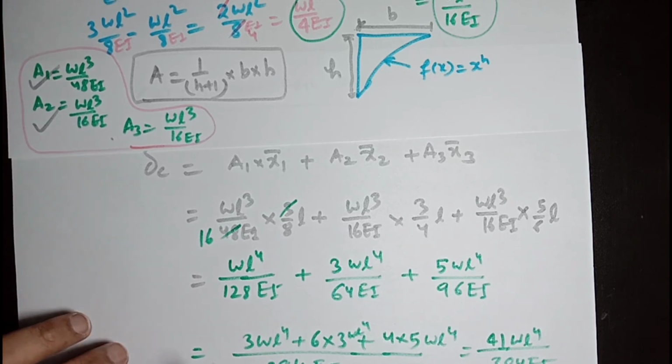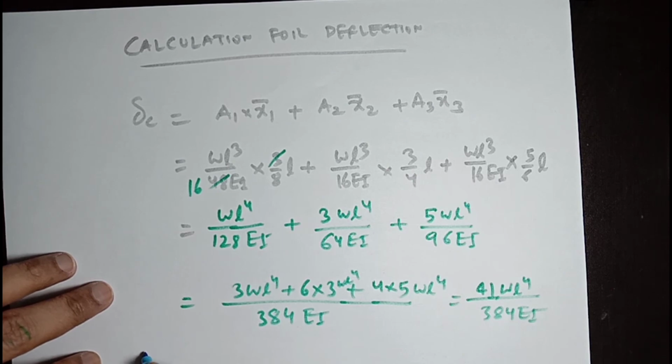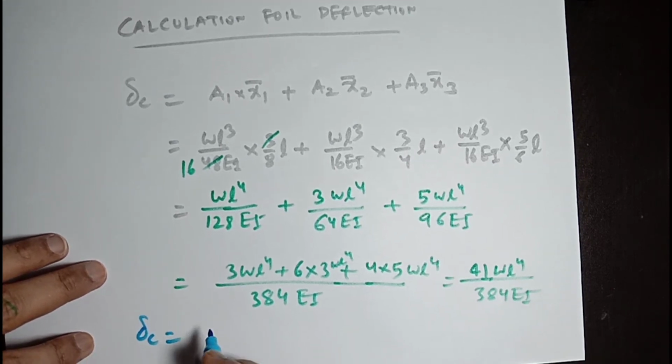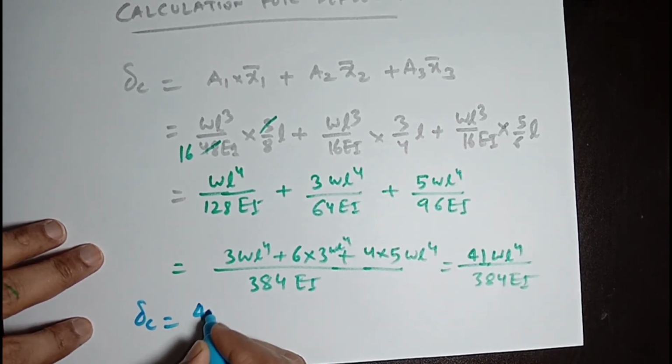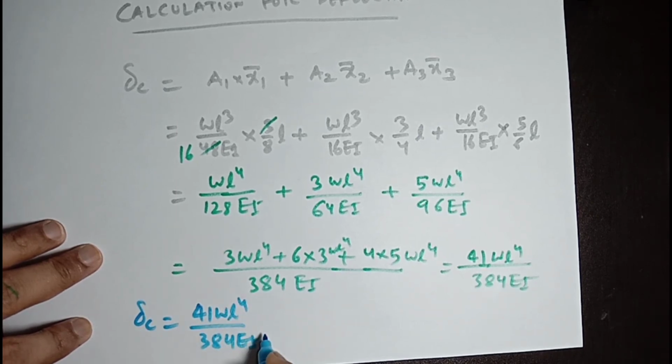This is the deflection calculated at the tip of this cantilever beam. Delta C will be 41 WL to the 4 divided by 384 EI.